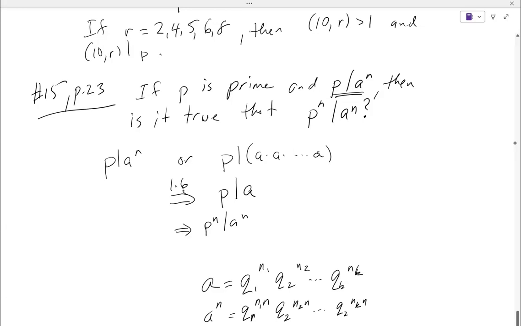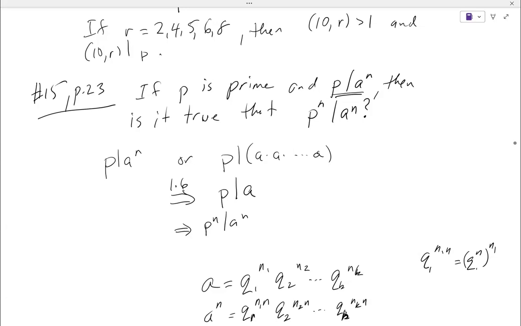But notice that if I look at the individual pieces, like Q1 to the N1 and the N, I could actually pull that N to the inside. So when I take A to the N, those primes just get raised to the nth power. Doesn't matter what the exponent is on them.